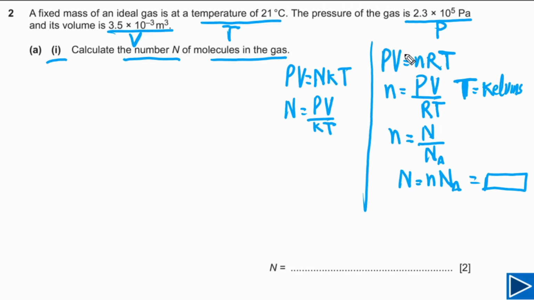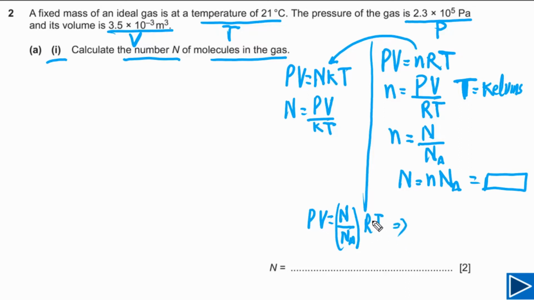Now let me explain how you can convert this one into this form. For example, n you can replace with capital N divided by Na. So I'll be writing here: PV, and n you can replace with the number of molecules divided by Avogadro's number, times RT.